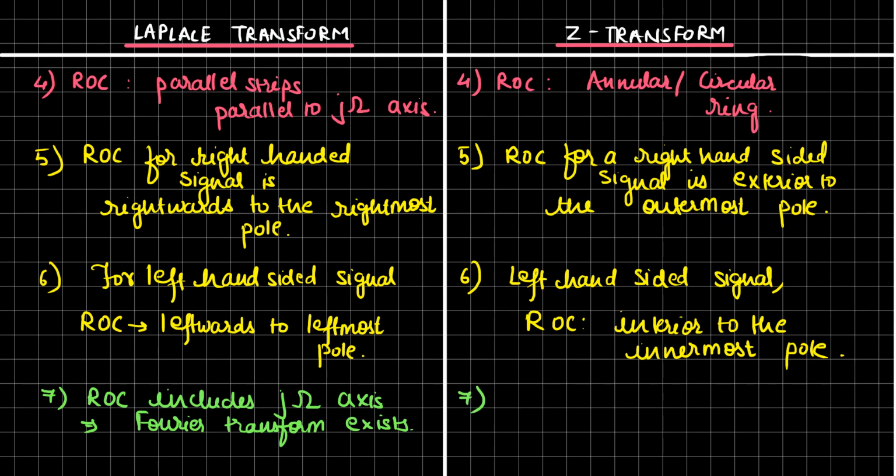Whereas in the case of the Z transform, if the region of convergence includes the unit circle, it indicates that the Fourier transform exists.